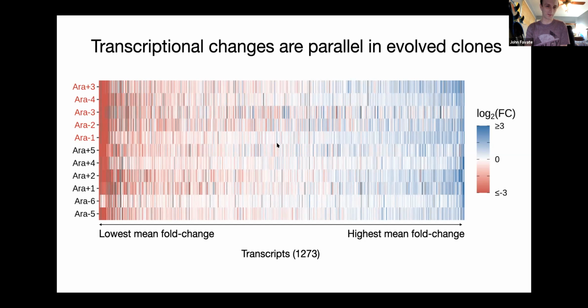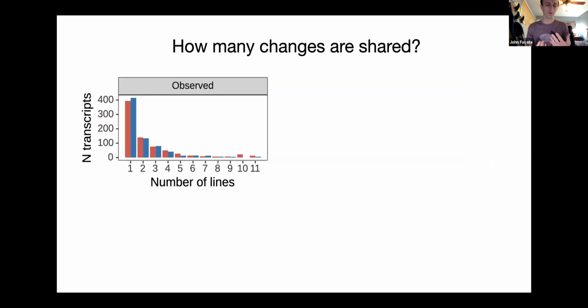Sometimes there's a mixture of those 2 properties, but for the most part you don't see many blue bars on the left, and you don't see many red bars on the right, though there are some. So overall, this visually indicates a good amount of parallelism. But a reasonable question is, how many of these changes are actually shared?